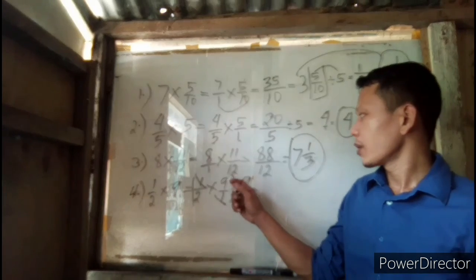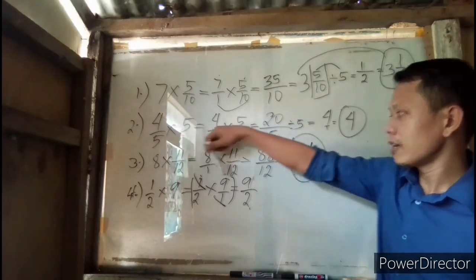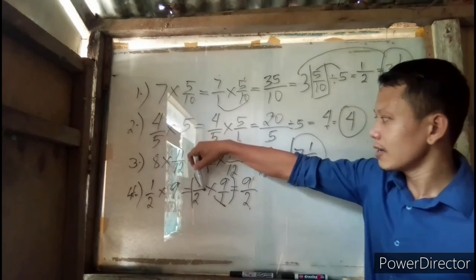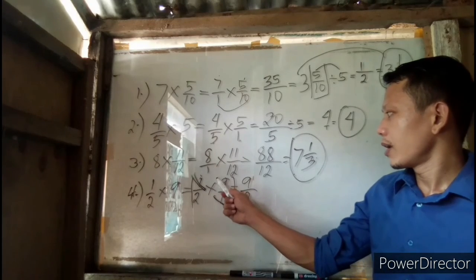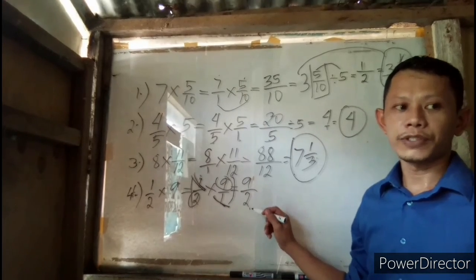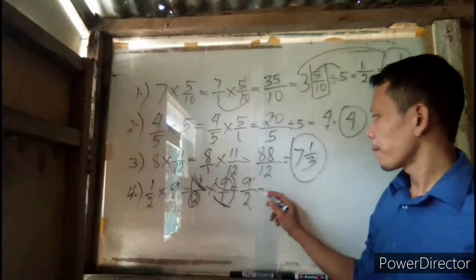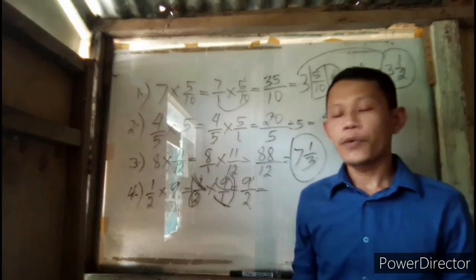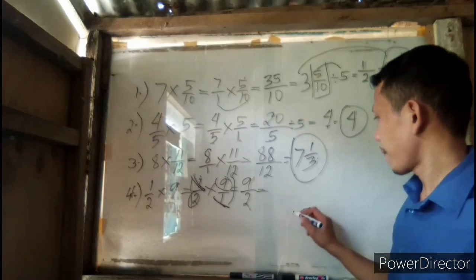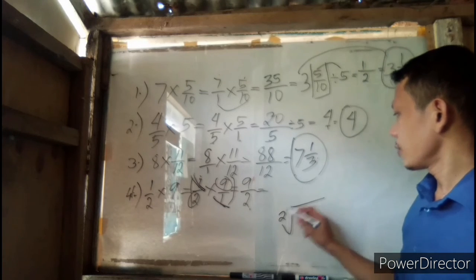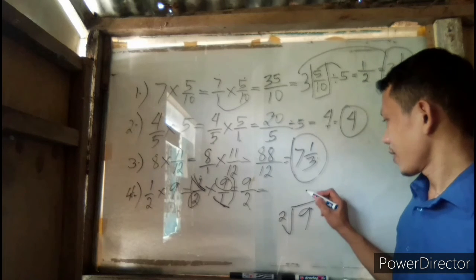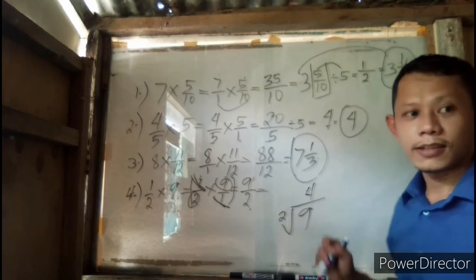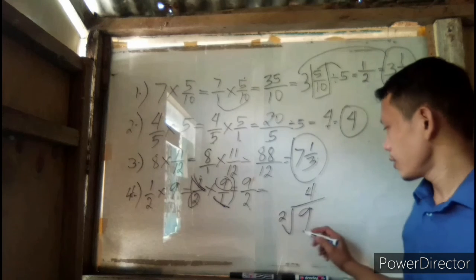So no need to multiply 1 times 9 and 2 over 1. So we're going to cancel 1 and 1, 9 over 1. So we have 9 and 2, or 9/2. We are going to simplify again to lowest form. 9 divided by 2, we have 4, right? 4 times 2 is equal to 8.